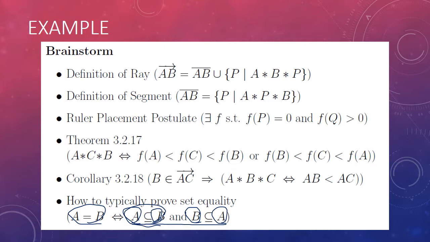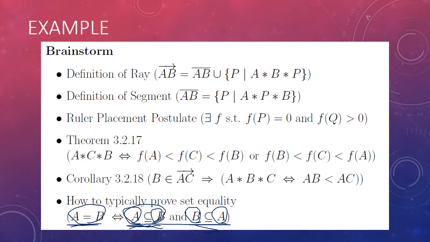Because there's no way that B could be bigger if all the elements have to be in A, and there's no way that A could be bigger if all the elements of A are in B, and vice versa. So that's how we're going to prove this: we're going to show both of the subset statements in order to prove set equality.